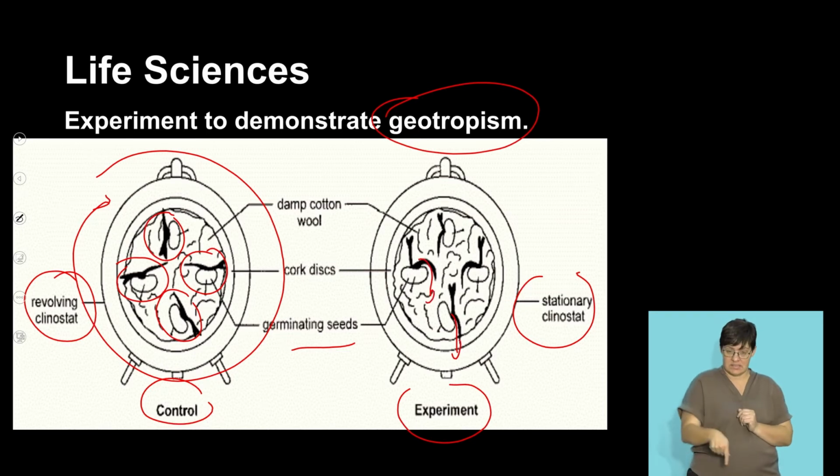So the roots are bending towards gravity, whereas the apical stems or radicals tend to grow against gravity. So this is an example of how gravity influences the growth of roots and how the auxins influence the growth of the stems or the radicals and the plumule.